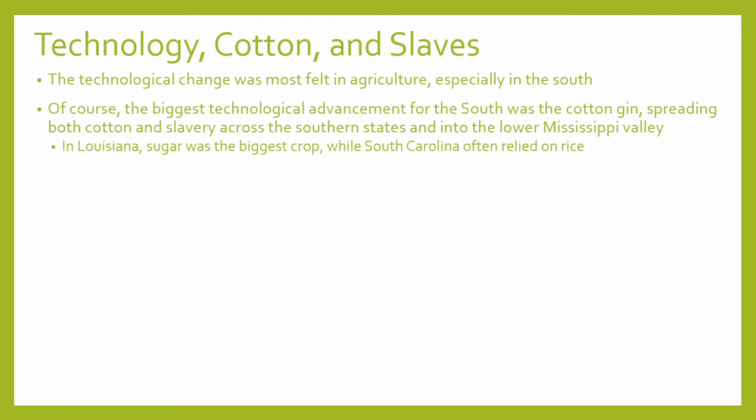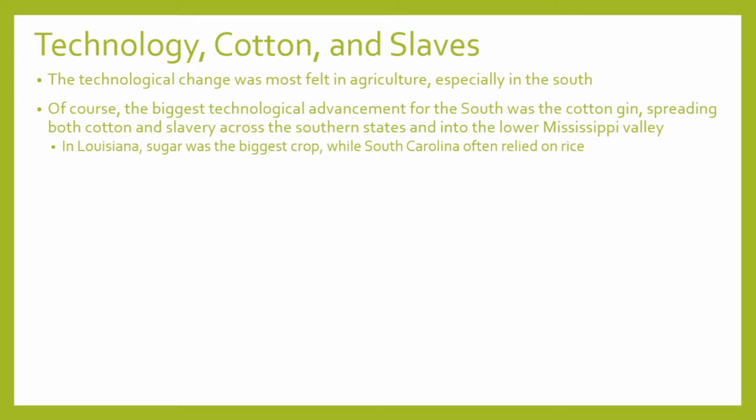Now, it's not to say that cotton was the only thing grown in the southern states. Granted, by the time we get to the Civil War, it is two thirds of the entire country's economy, North and South, because while of course the South is growing it, the North are the ones that are doing most of the shipping and trading worldwide.